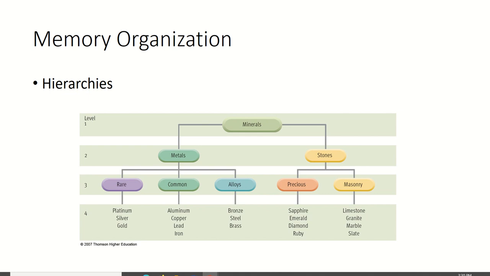Some of them are metals, some of them are stones, and then within these metals, some are rare metals, some are common metals, some are alloys, and so forth. And then they went ahead and read them the same list in the same order. What they found in that case is that the group that was given the structure actually did better on their memory recall than the group of people that were not given that structure. And why is that informative?